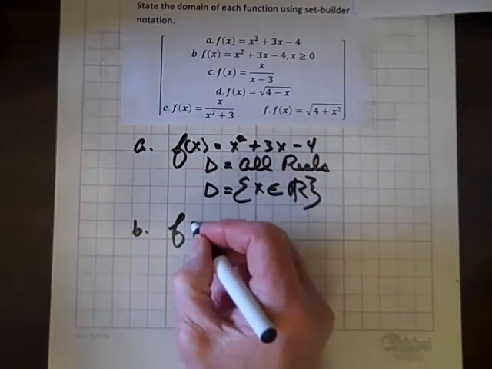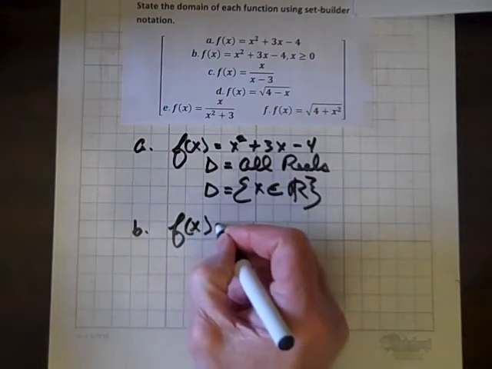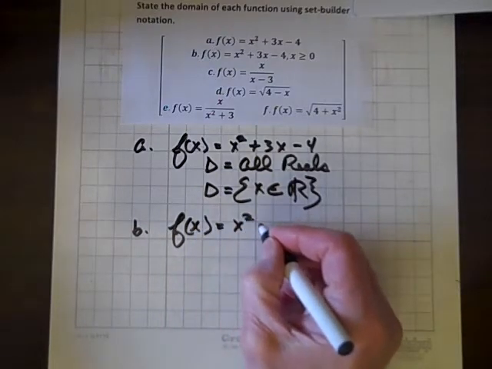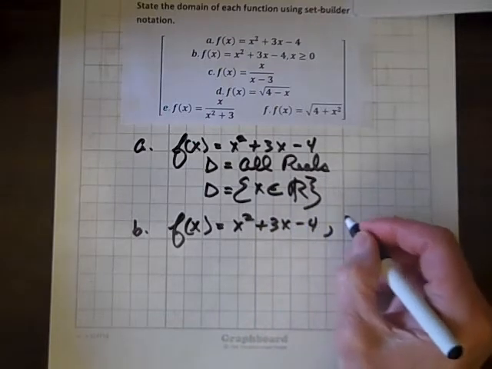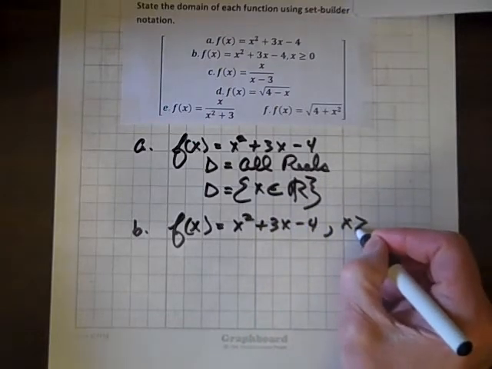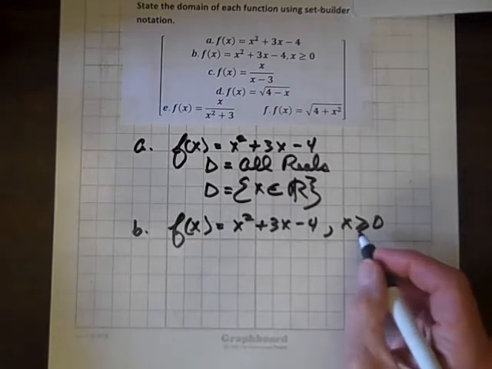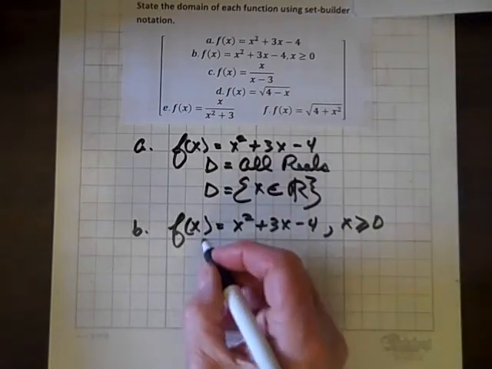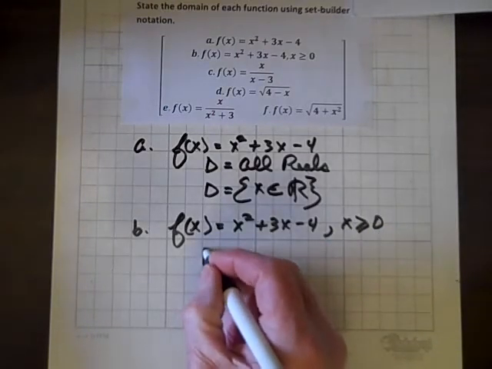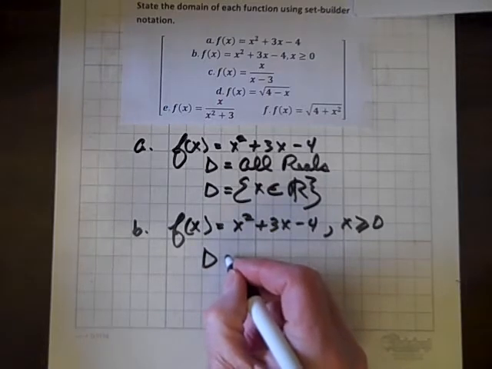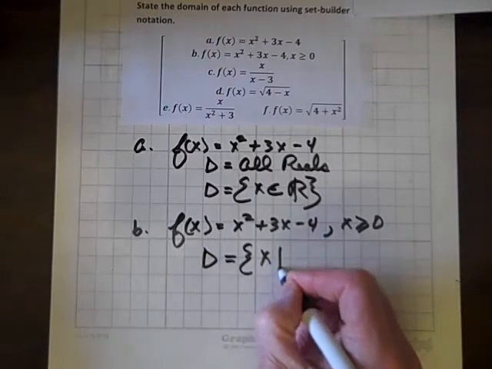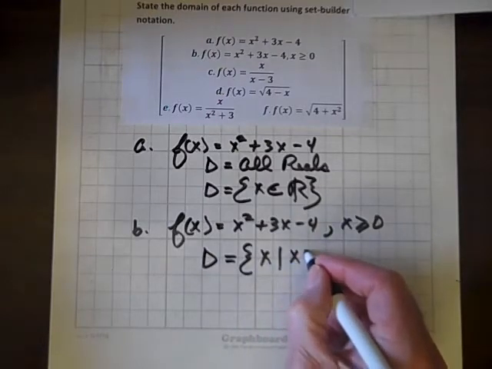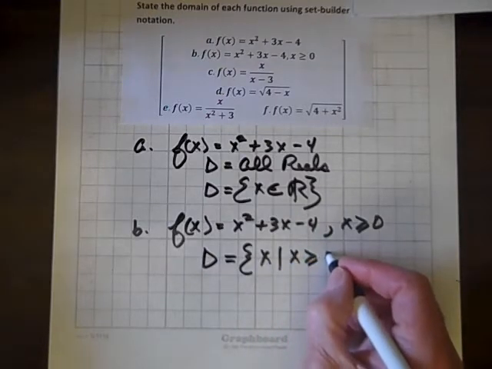We've got the same function, x squared plus 3x minus 4, with the restriction that x is greater than or equal to 0. That is the domain then. So now in set builder notation we have D equals the set X such that X is greater than or equal to 0.